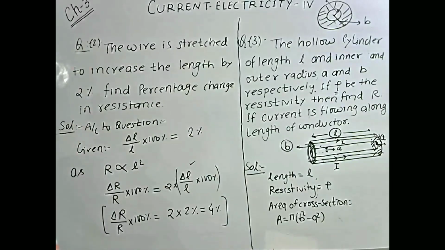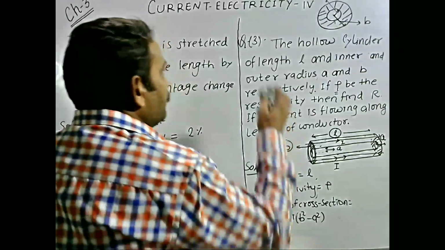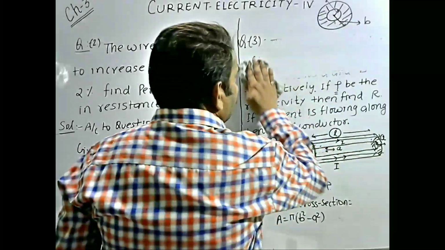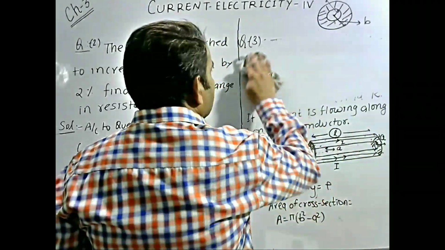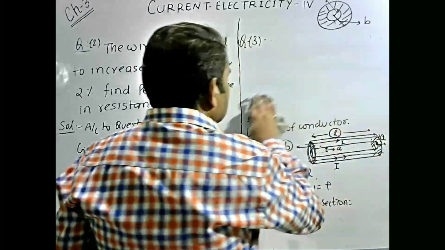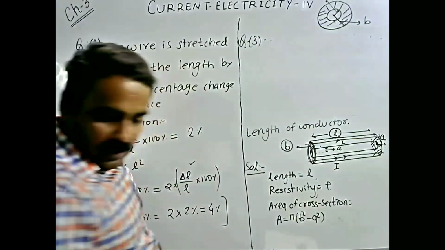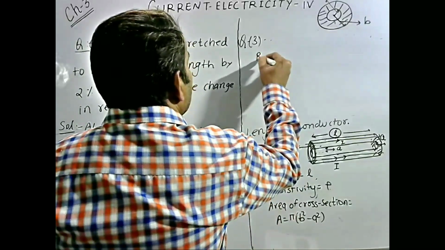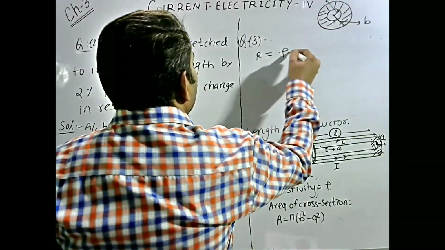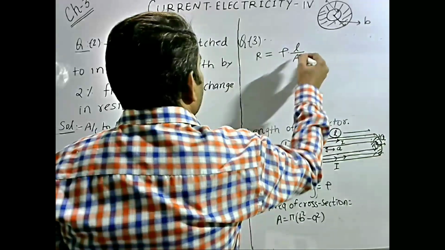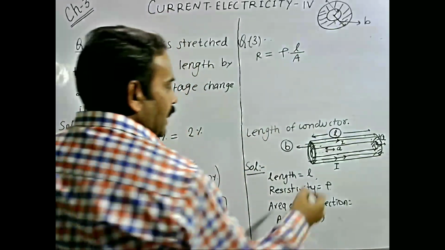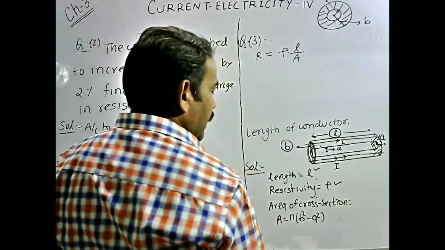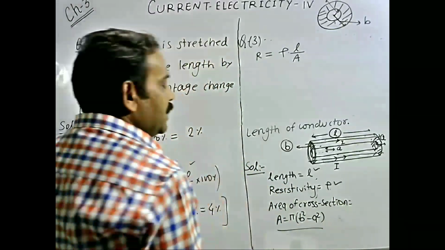So the resistance of this hollow cylinder will be obtained by using the formula resistance R is equal to rho into L upon A. Clear? L is the length, rho is the resistivity, and the area of cross section is pi b square minus a square.